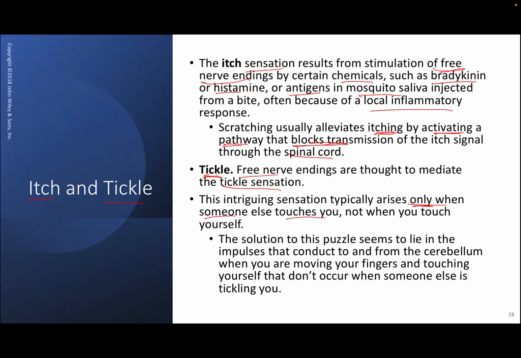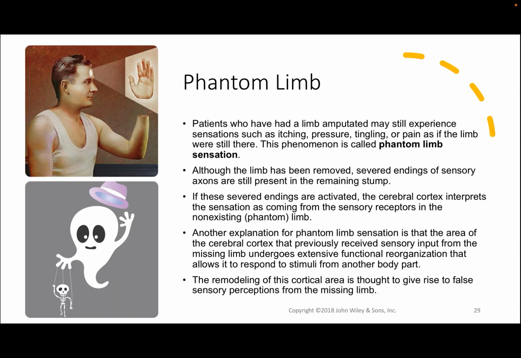When you try to tickle yourself, you're providing additional stimuli that activate a pathway that blocks the tickle sensation from making it to the cerebellum. So when somebody else tickles you, you don't have this additional stimulus, and so the information is able to make it to the cerebellum, and you feel like you're being tickled. Pretty crazy. So, tickle and itch.